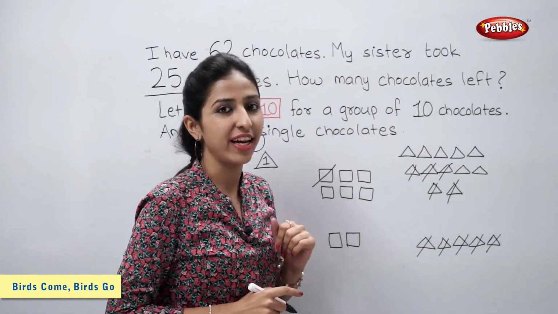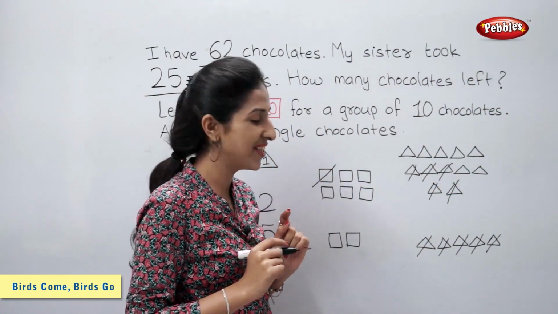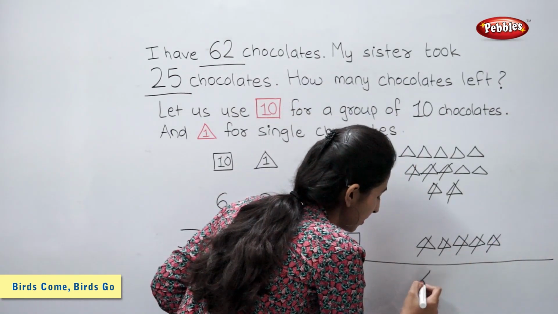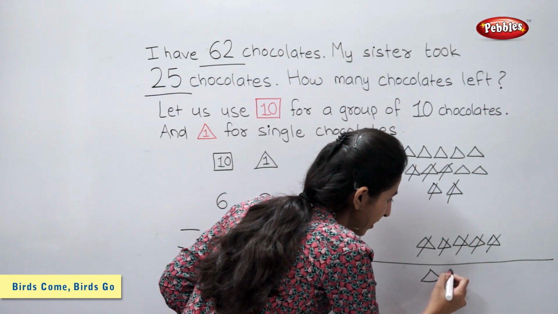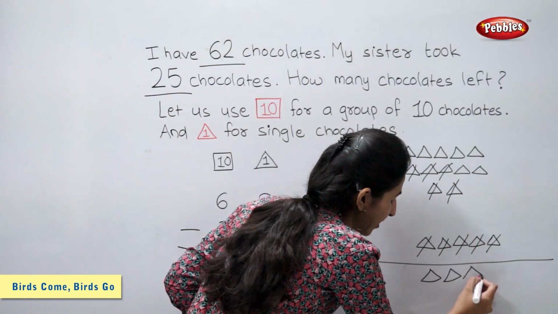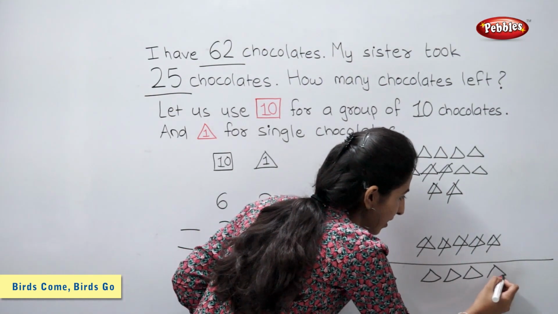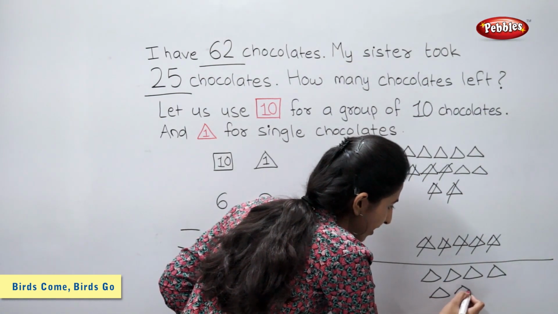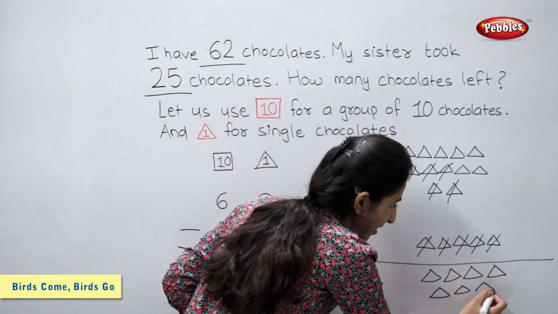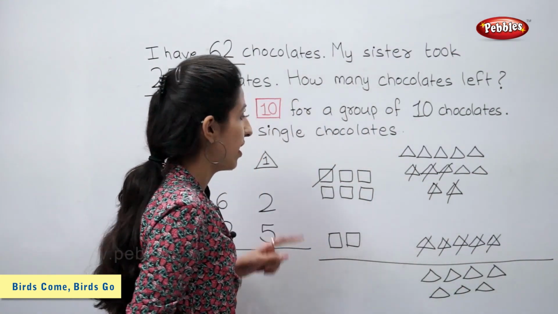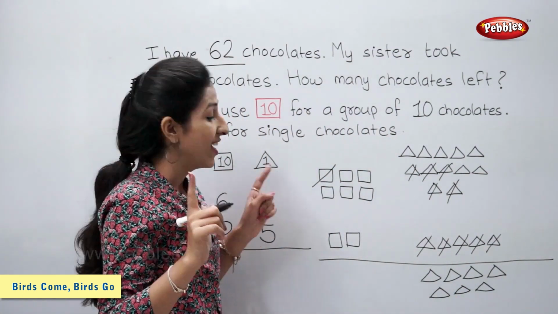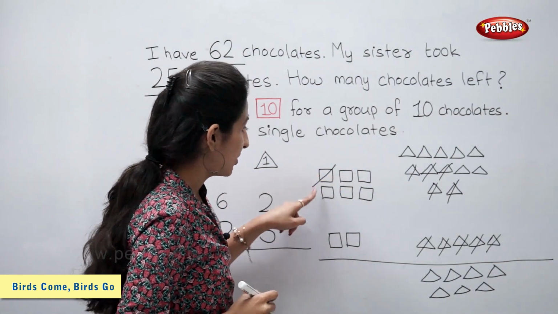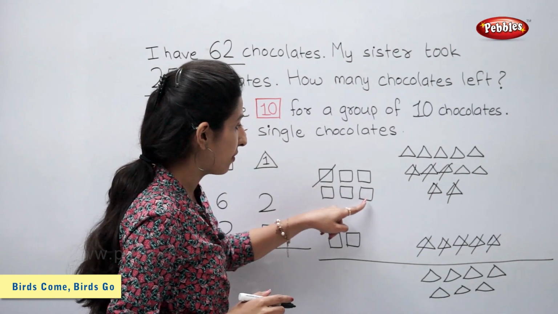So, now we are left with 7 triangles. Let us count squares. 1, 2, 3, 4 and 5.